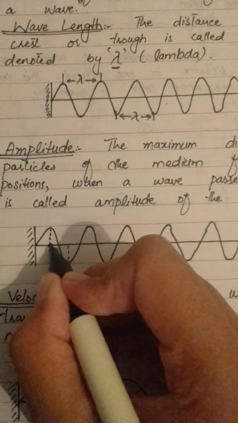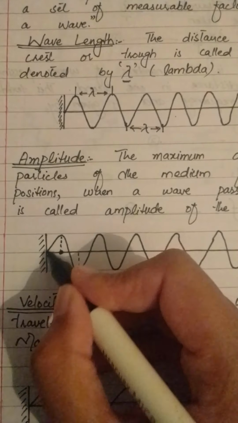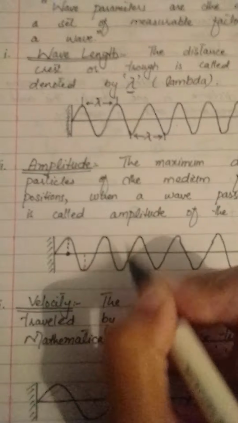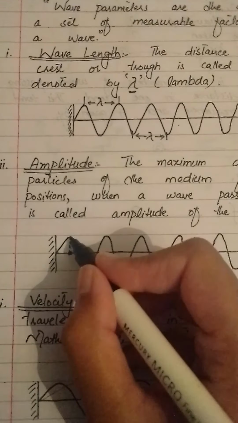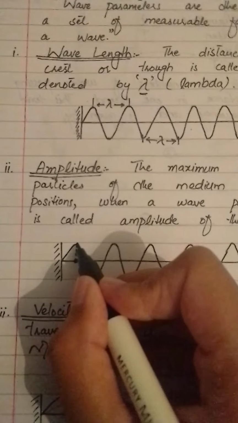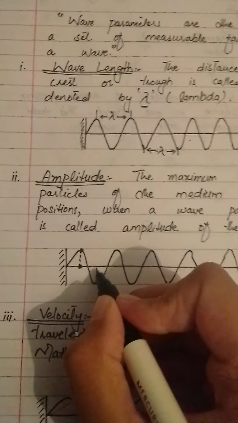Let's say here is the rest position of the particle. When the wave passes through it or the energy travels through it, what is the maximum distance this particle can be at? This. This is the maximum distance the particle can travel in either direction.